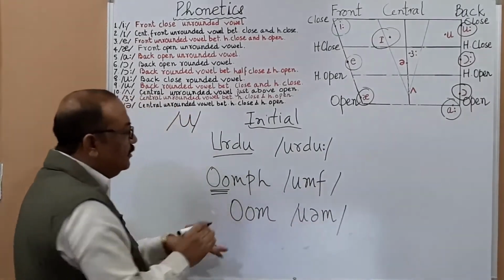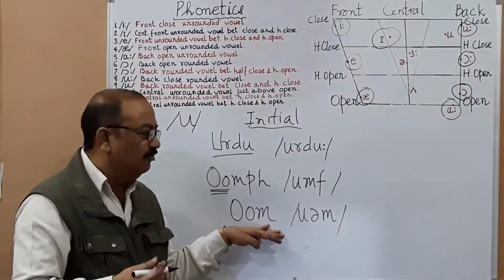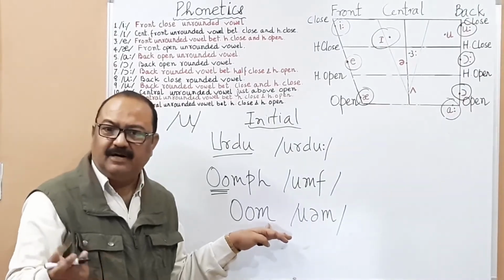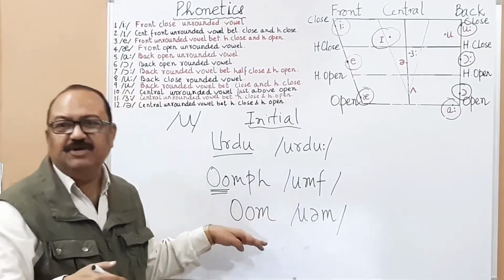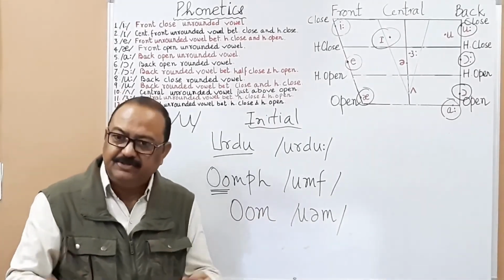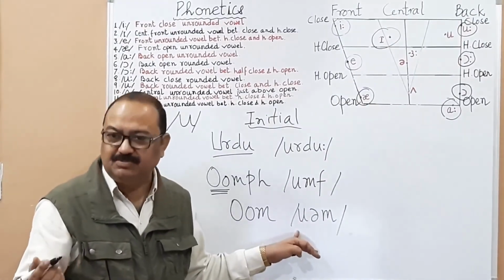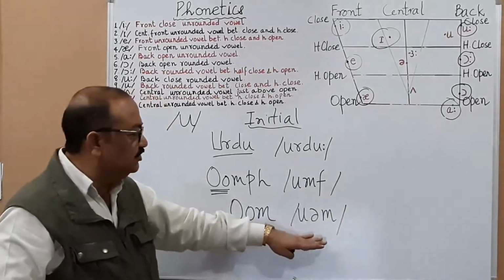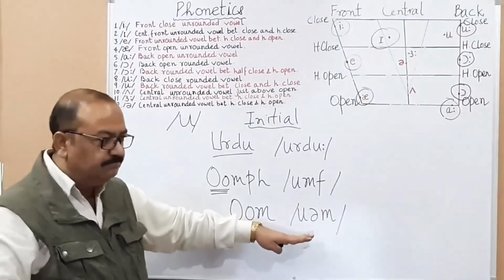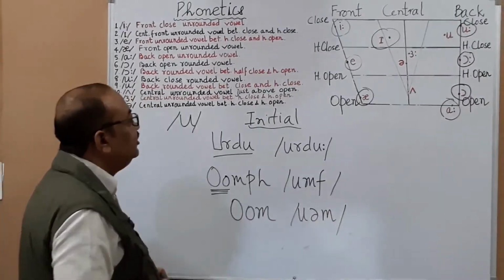This is in fact a word used for elderly people when you address them with respect, like the way we say uncle, baba. This has been borrowed from Africa, you may say. This is an African word. So these are the words with the initial sound.